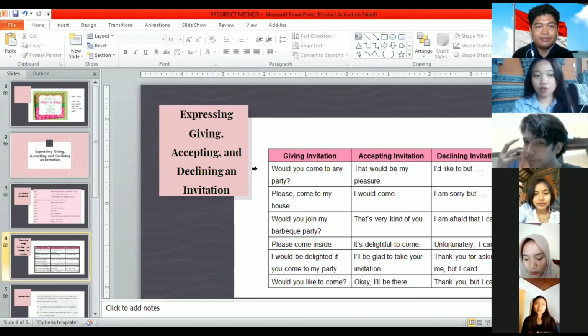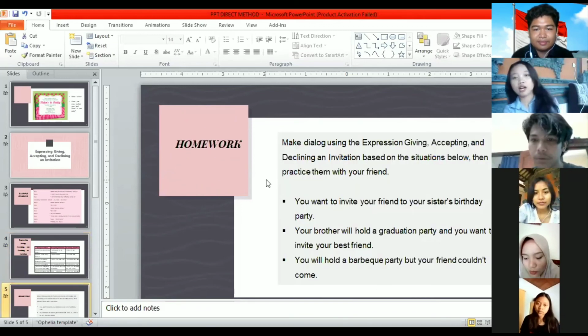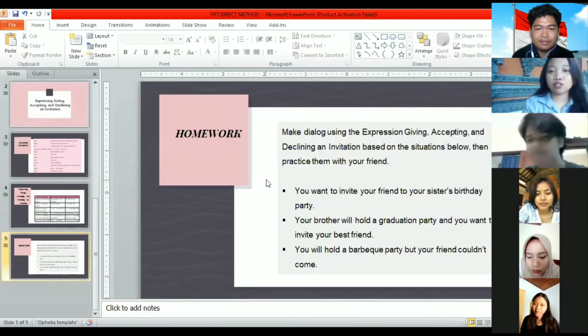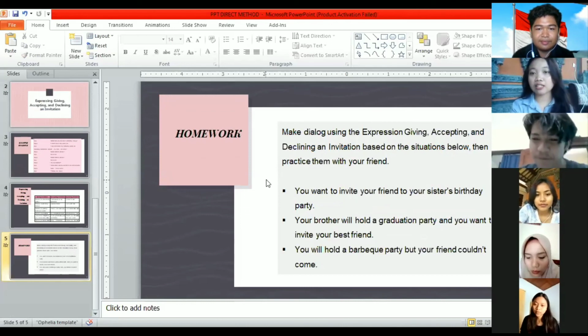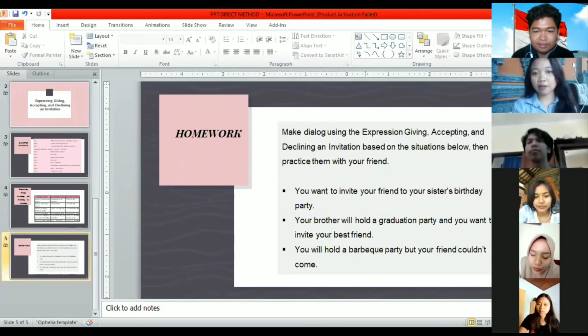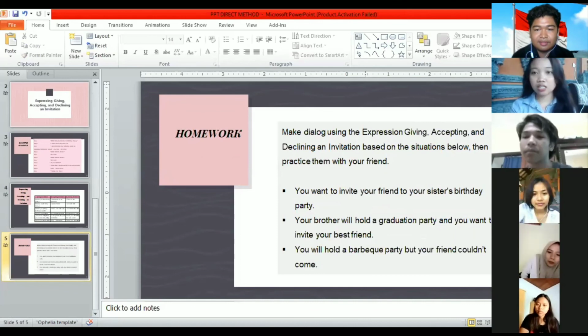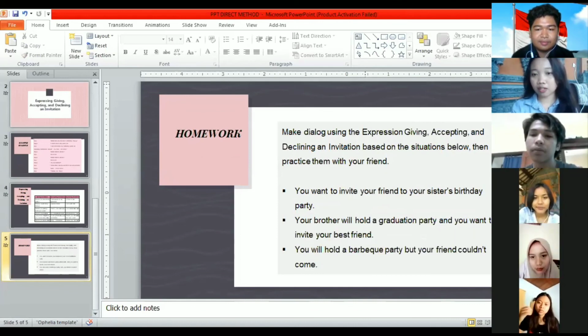Now I will give you homework: make a dialogue using the expressions of giving, accepting, and declining an invitation based on the situations below, and then practice them with your friends. The first situation is you want to invite your friends to your sister's birthday party.